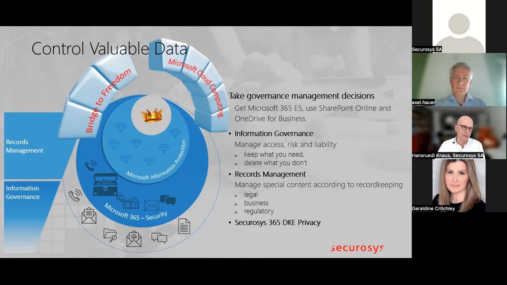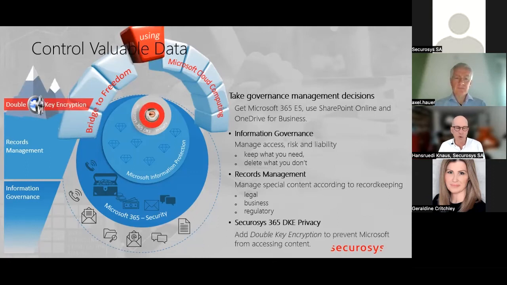This is about Securosys 365. There you can add Securosys 365 and encrypt these crown jewels within your data that's with Microsoft in the data center for SharePoint Online, OneDrive, or others; even locally works. Now we are there. So just keep in mind, we have several stages of how to make things private within Microsoft.